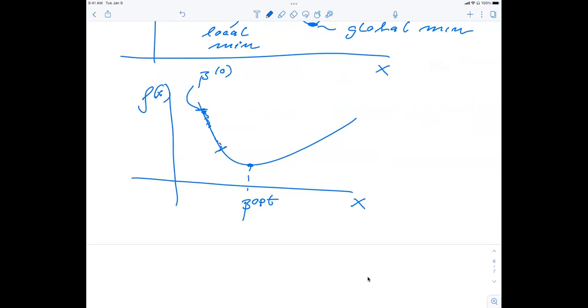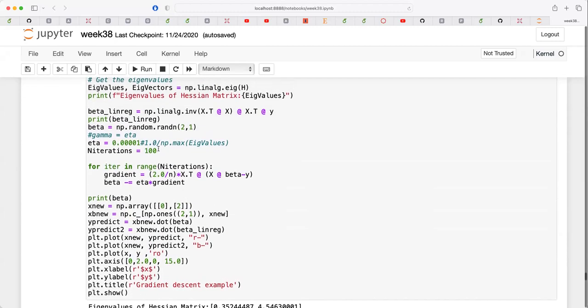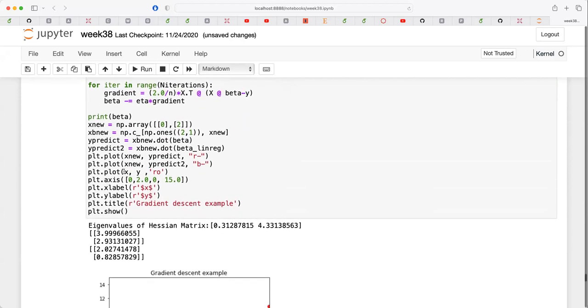So if you go back then to the Jupyter notebook, what I simply could do now is I could say, hey, let me now just increase the number of iterations here. Let me just put this one, just to exaggerate a little bit, to 10,000. And now it's still not converging properly.